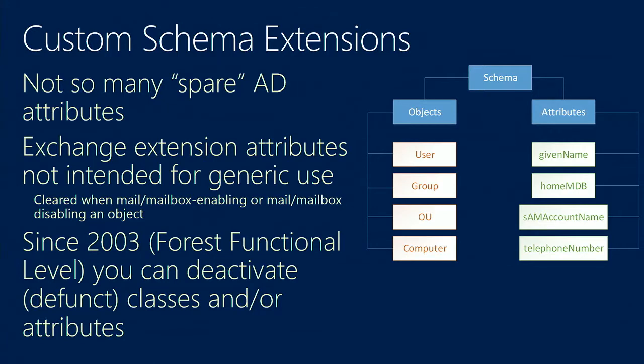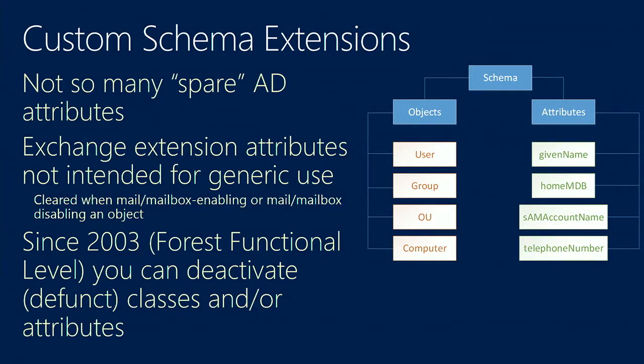A lot of this stems back to the early days of AD, where there were some quite high-profile schema conflicts that caused a lot of problems. Some of those were two different updates from Microsoft themselves. I think it was around Exchange 2000, something about the secretary attribute, and there was a conflict. In those days, there wasn't a possibility to deactivate or defunct anything in the schema.